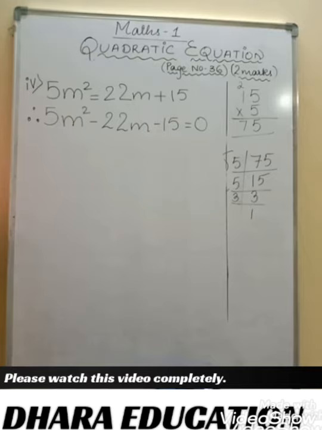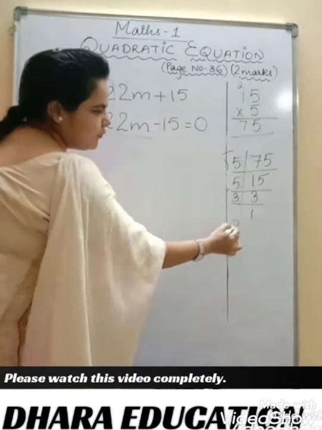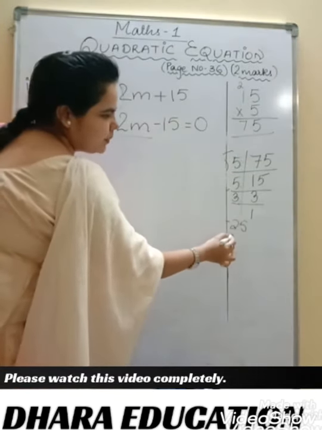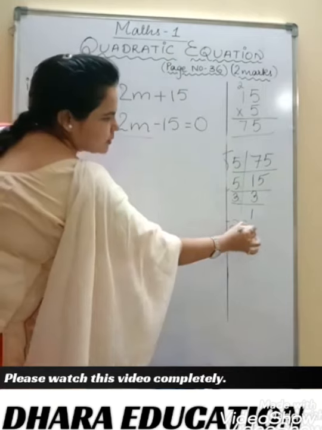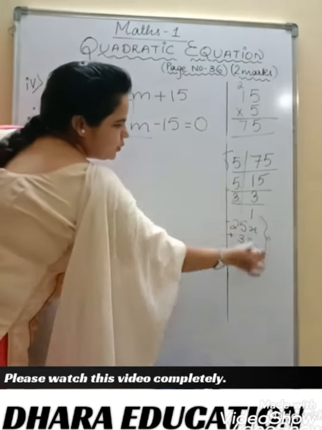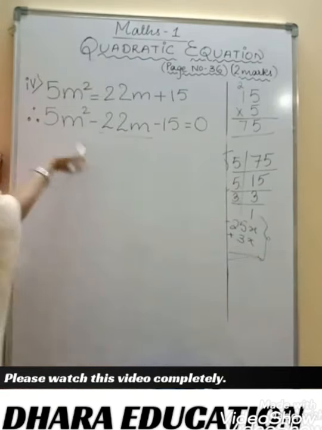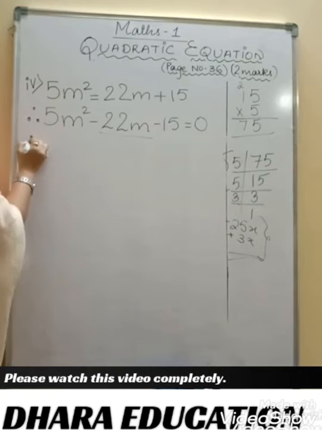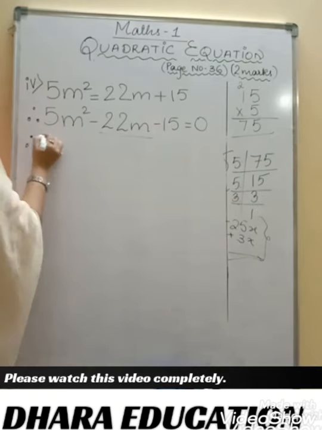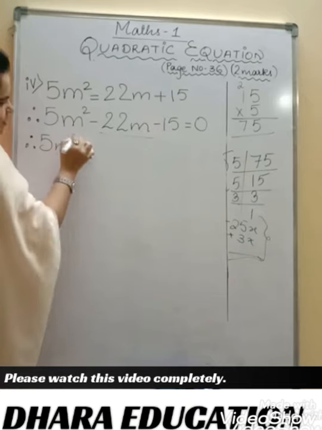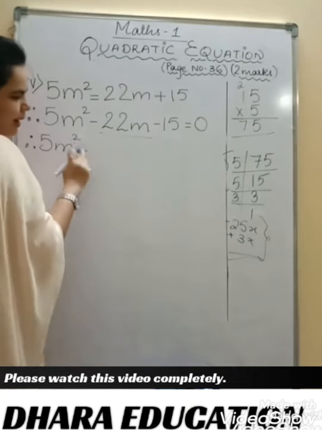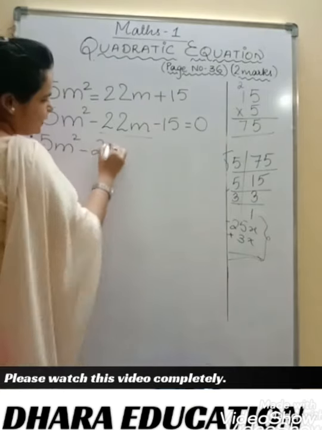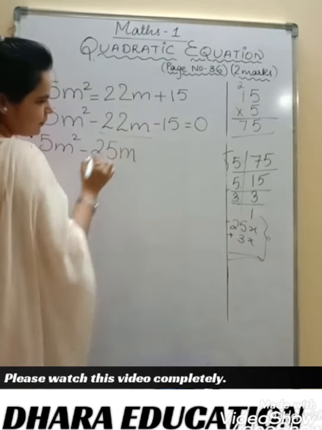So now students, as I have taken both the factors for splitting this middle term, that is minus 25 and plus 3x, we are going to use this over here. How? Therefore, the first term will be as it is, minus 25m.